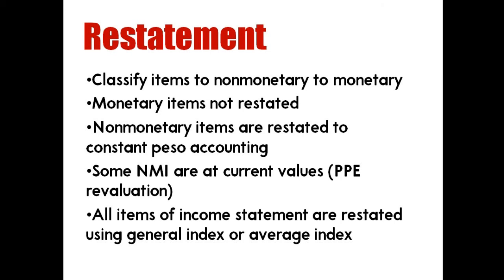Okay? All items of income statement are restated using general index or average index. Lahat daw ng line items sa income statement will be restated using the general index or the average index, whichever is more appropriate and available.